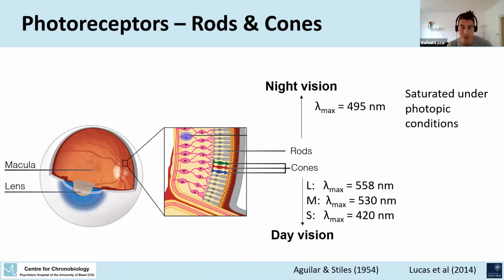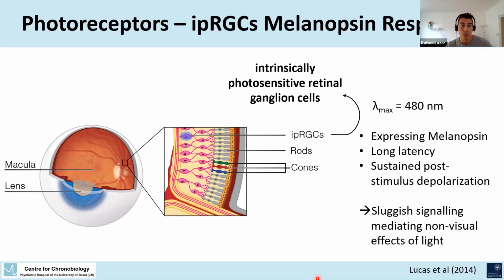But apart from these visual photoreceptors, there's also the more recently discovered melanopic photopigment, which is expressed by the intrinsically photosensitive retinal ganglion cells. This is very interesting because these are not necessarily used in vision, but in non-visual effects, for instance, in the inhibition of melatonin caused by light.